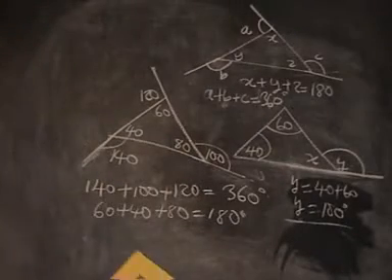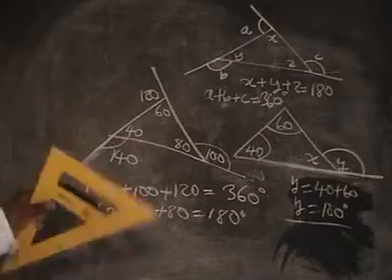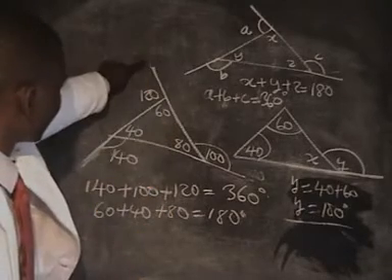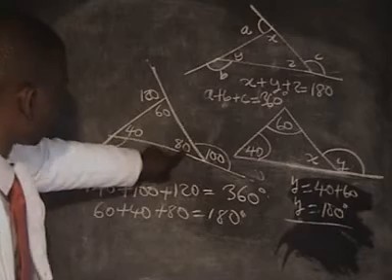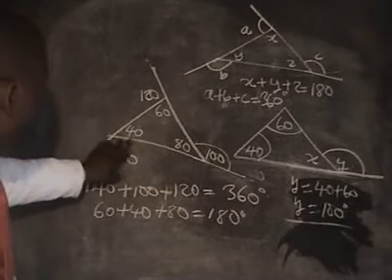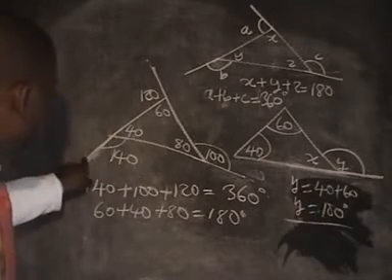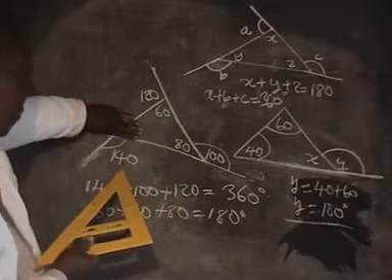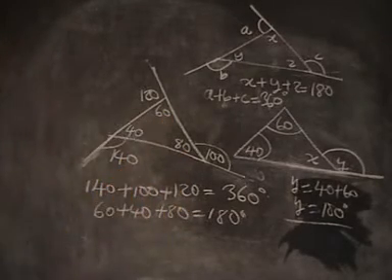I'm sure that is understood. Same applies. If you extend this line, then you cover that one, you add 80 plus 40, and you get 120. Same applies. If this is the one which is extended, you cover the 40 there, add 80 plus 60, and you get 140.